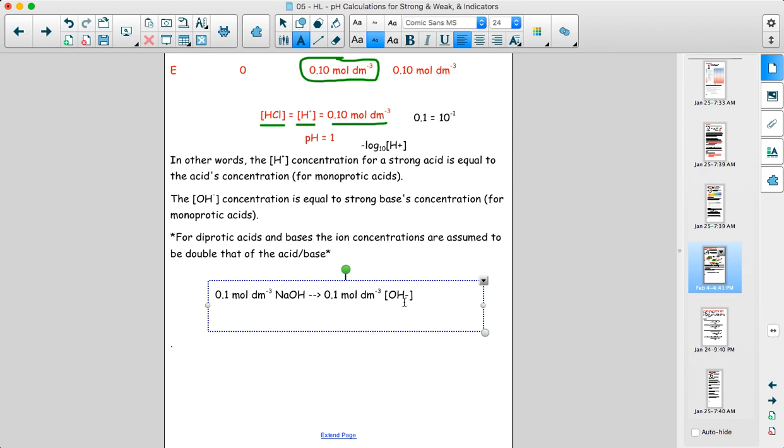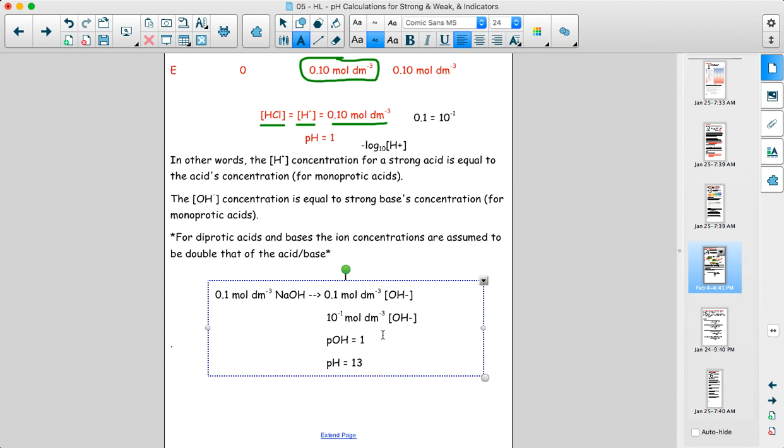Well, 0.1 molar is the same as 10 to the minus 1 molar, and that means a p-value of 1, because whatever the negative exponent is, that's what the p-value is. The only thing is right now we're dealing with pOH. So when the concentration is 10 to the minus 1, the pOH value is 1, and now we can figure out that the pH is 13, because pOH and pH have to add up to 14.